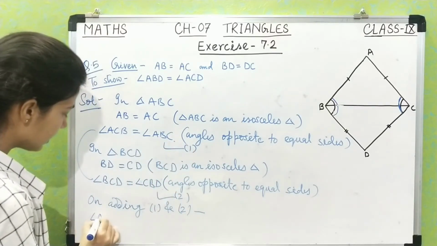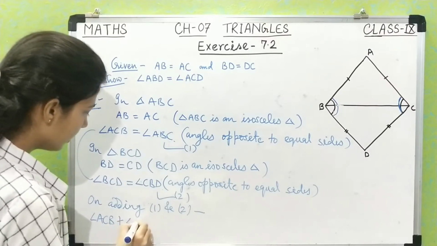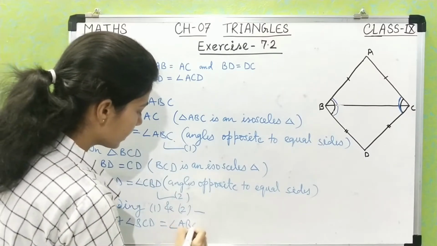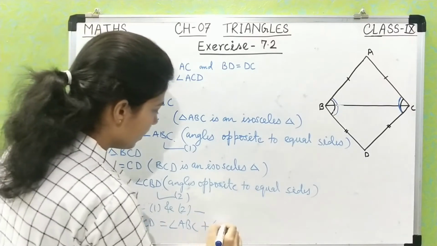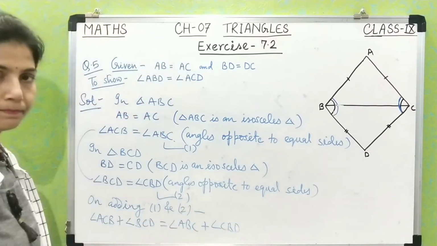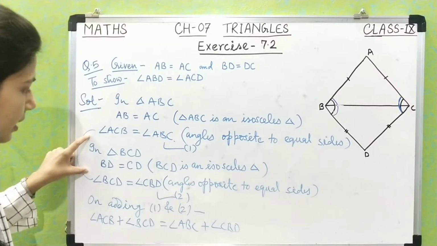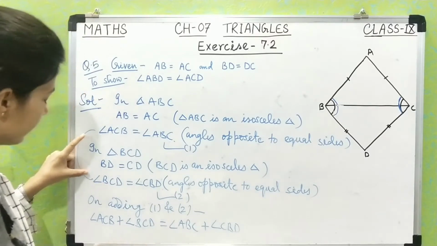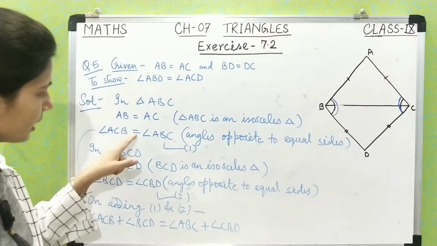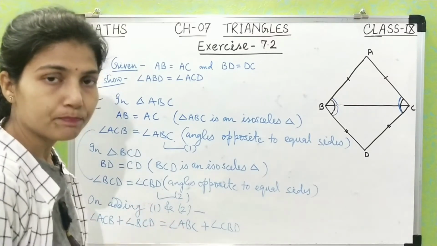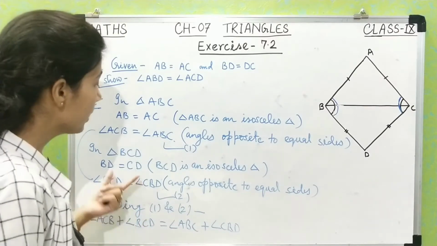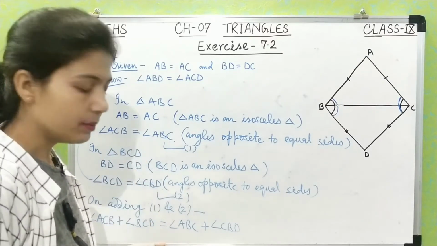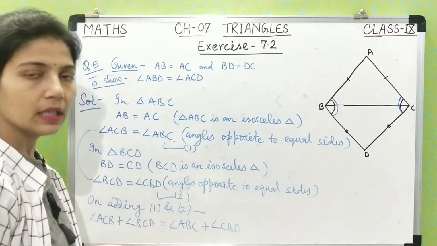So angle ACB plus angle BCD will equal angle ABC plus angle CBD. We read in the axiom in chapter 5, Euclid's Geometry, that if equals are added to equals, we get equals in the result.